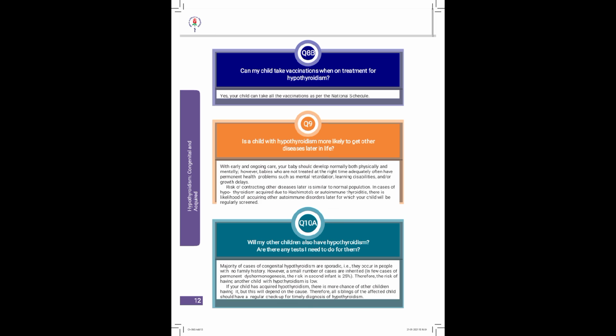Well, my other children also have hypothyroidism. Are there any tests I need to do for them? Yes, this is a very important question asked, and the answer is the majority of the cases are sporadic, that is, occur in people with no family history.